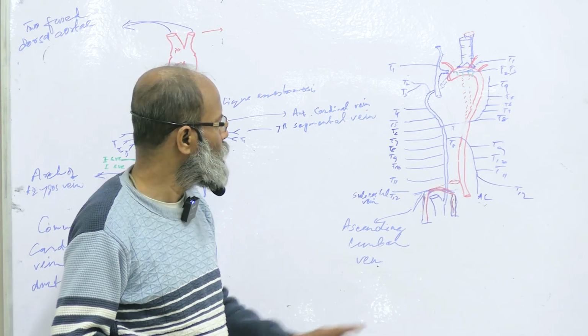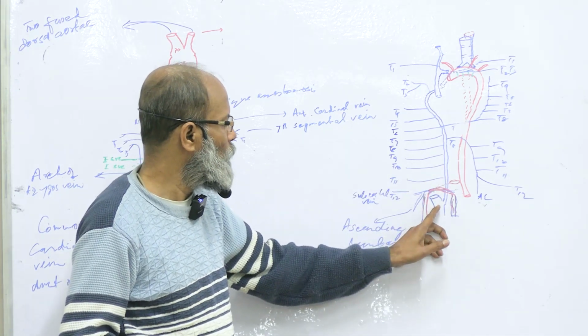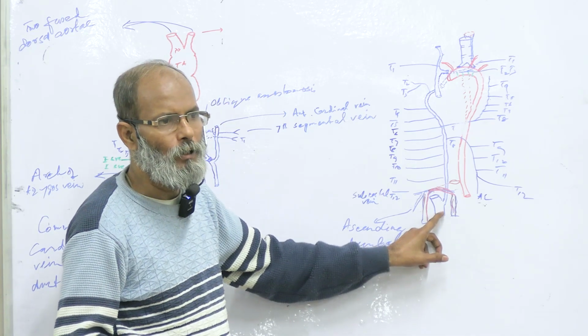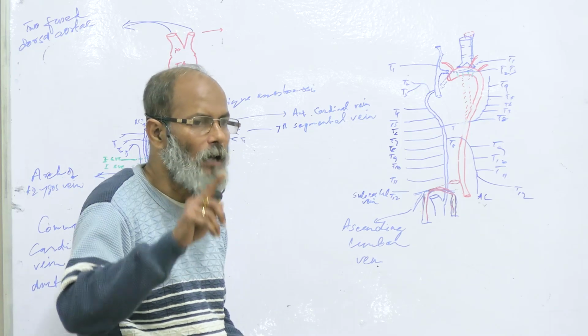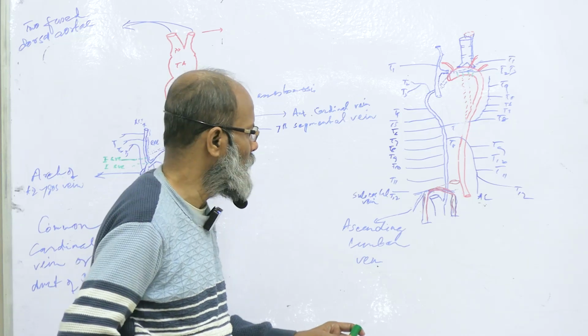All right. You see the position of the azygos vein communicating with the IVC. This one is the inferior vena cava, which is within the median arcuate ligament. This is the median arcuate ligament.